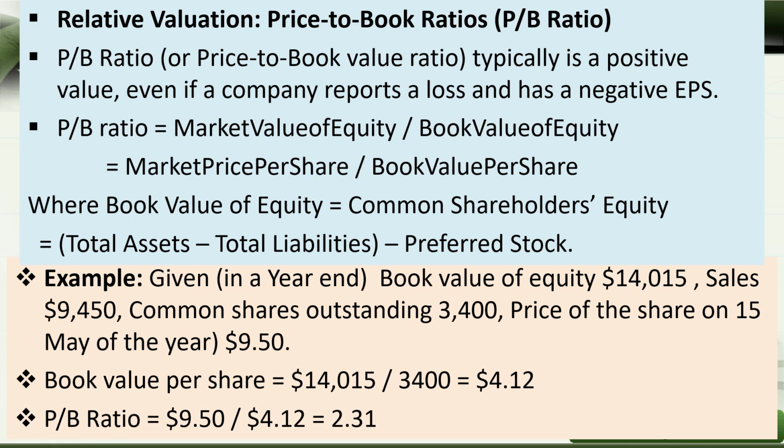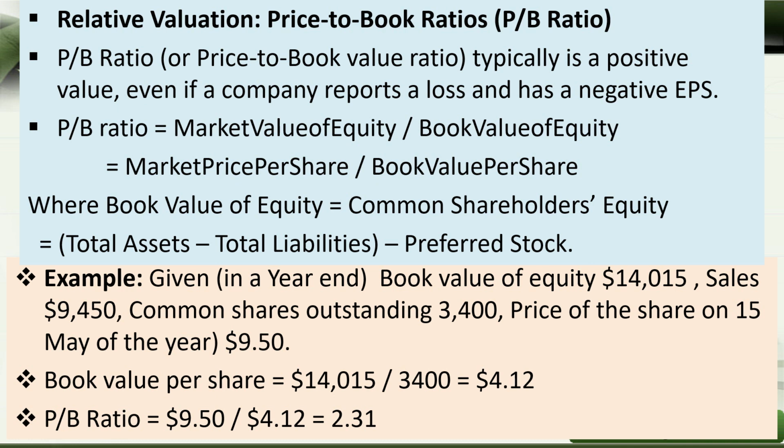So an example, given at year end: book value of equity $14,015 and sales, that means the revenue, is $9,450. Common shares outstanding is 3,400. The price of the share on 15 May of the year, that means the market value, is $9.50.